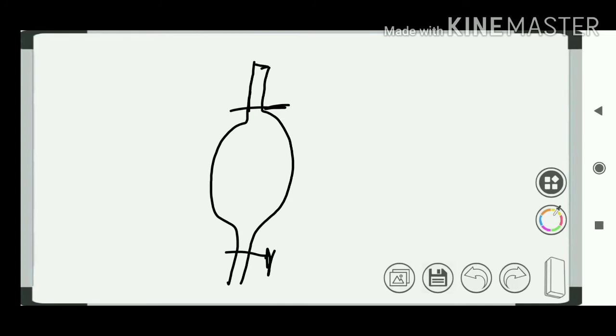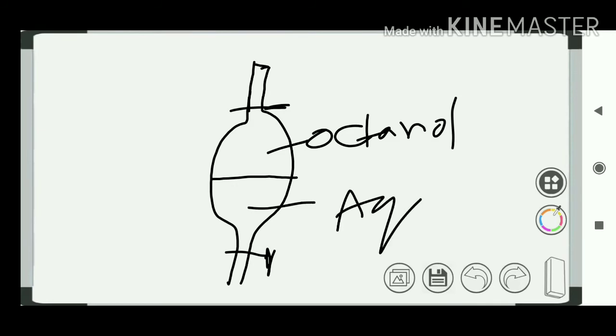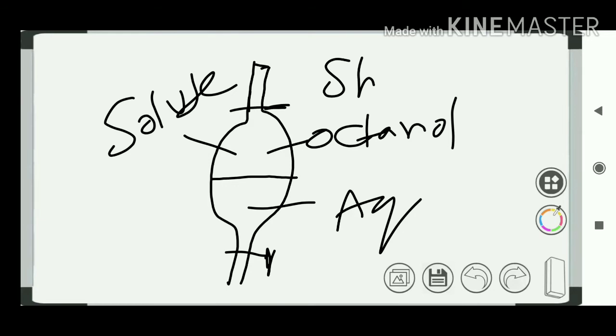Here I am going to draw two partitions: octanol, followed by the aqueous phase. If you add a solute here, then you have to shake the flask. While shaking, the solute is going to distribute between these two phases.